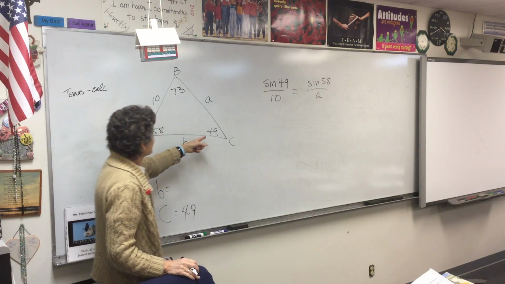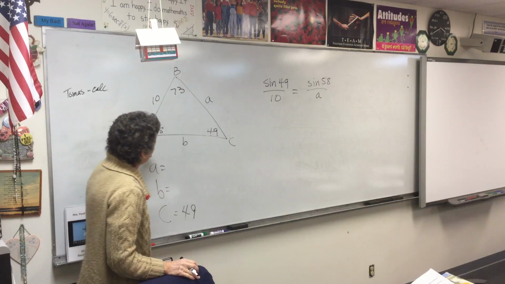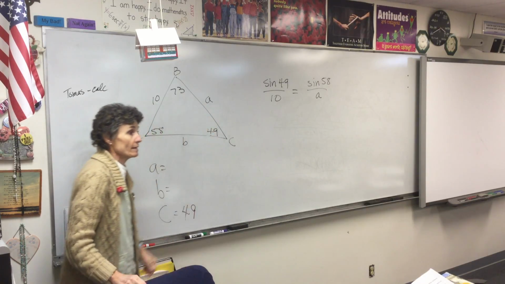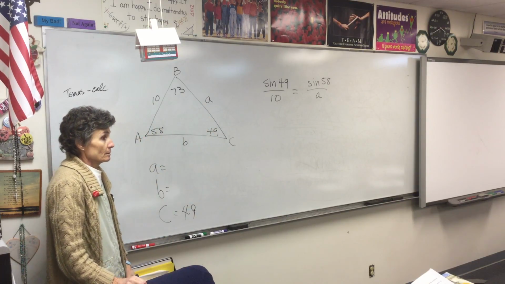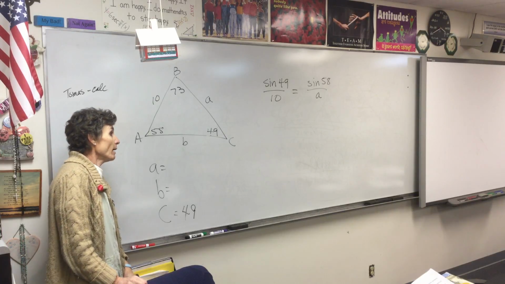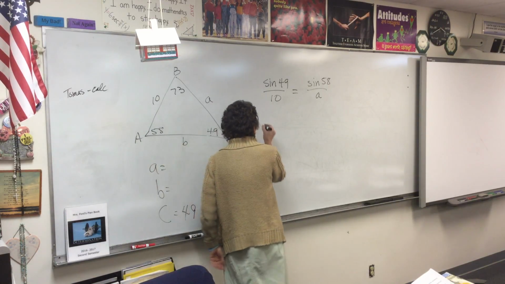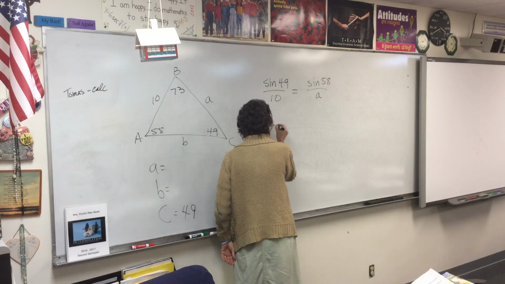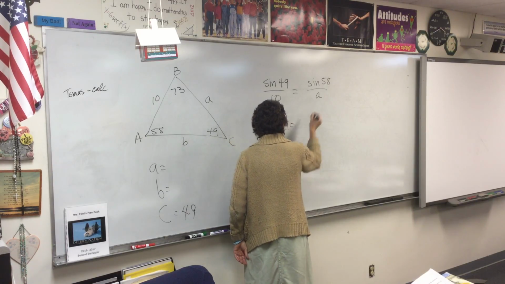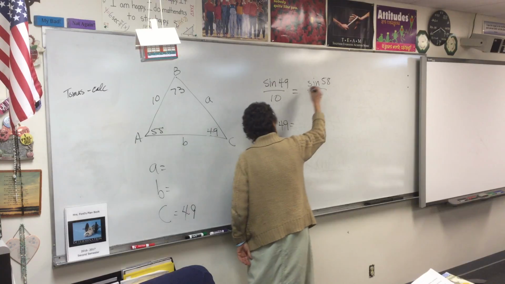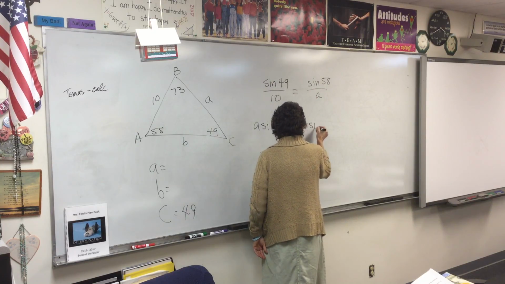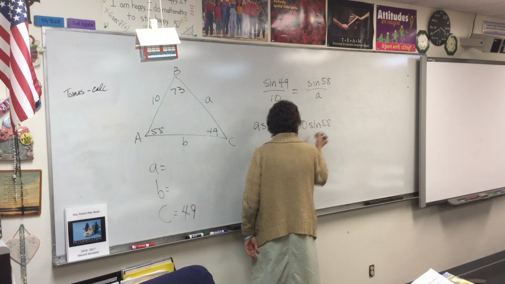So sine 49 over 10 equals sine 58 over A. Okay, and now what? Cross multiply. So A sine 49, I am cross multiplying, equals 10 sine 58.